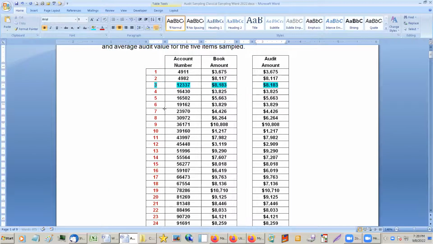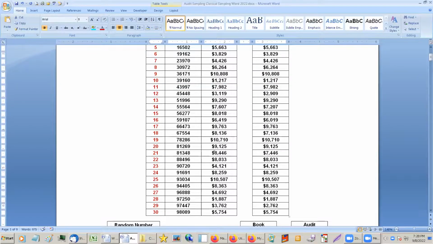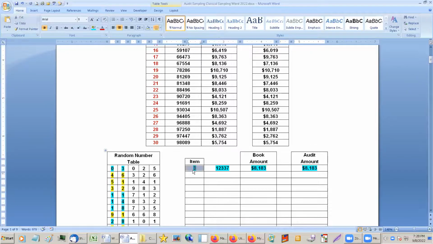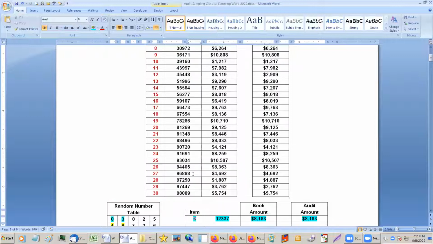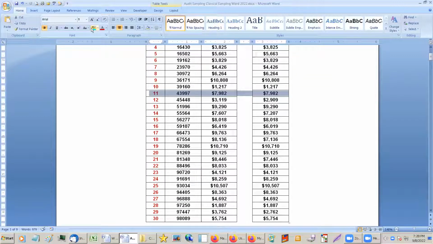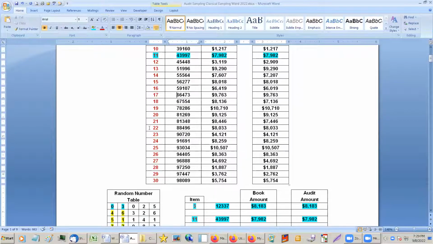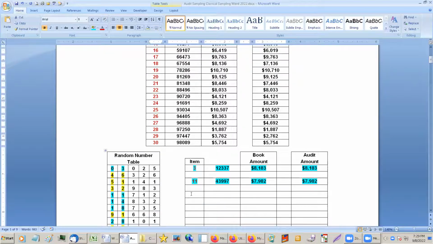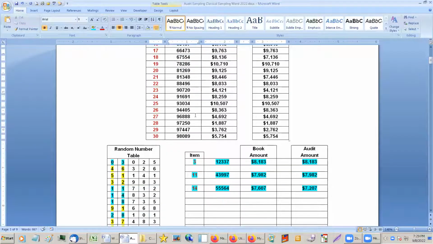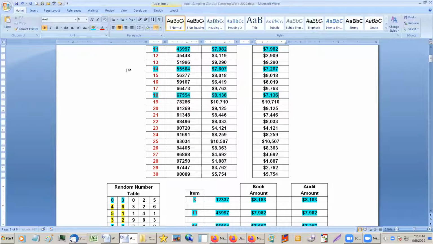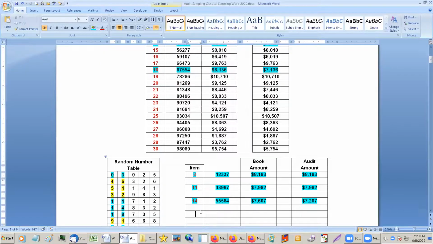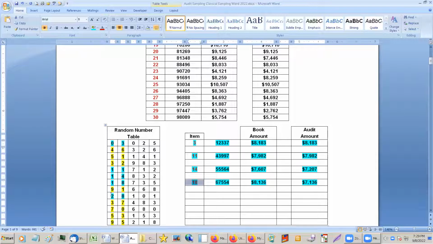Okay, so copy these down here. 3, 11, $14, $18, 28.